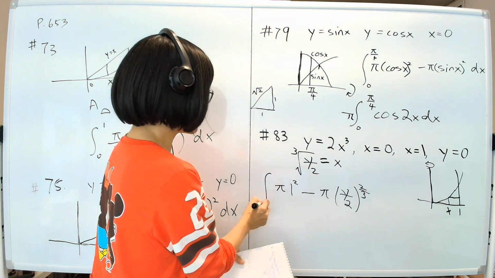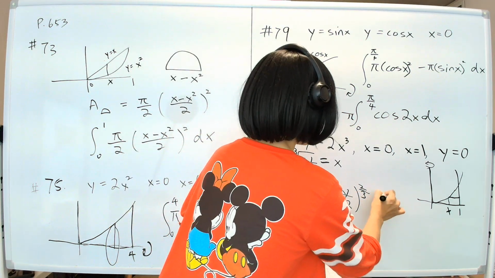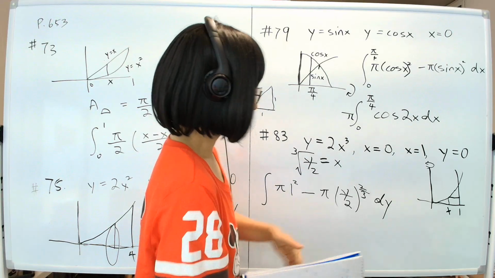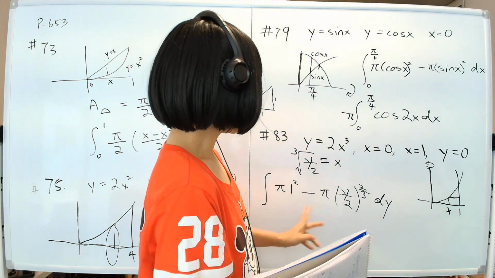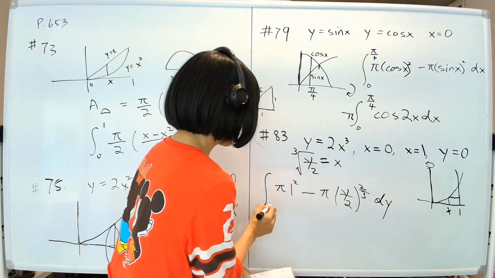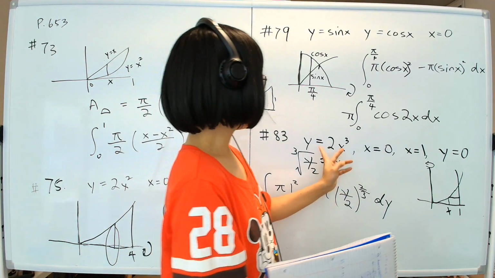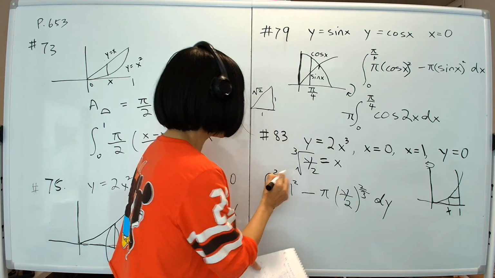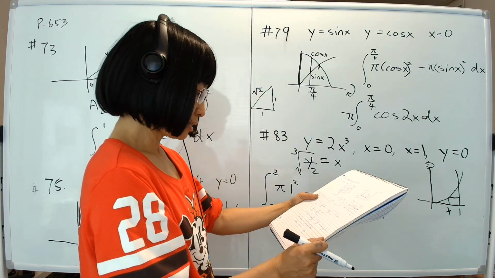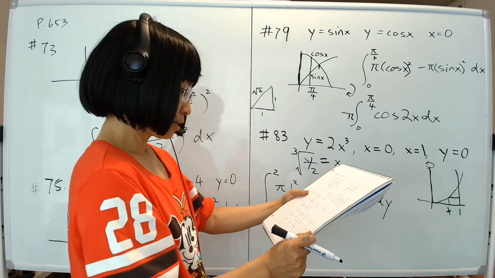When you integrate this thing, we're integrating with respect to dy. When x is 0, y is 0. But when x is 1, y would become 2. So we need to integrate to 2. And with that, that should be okay.